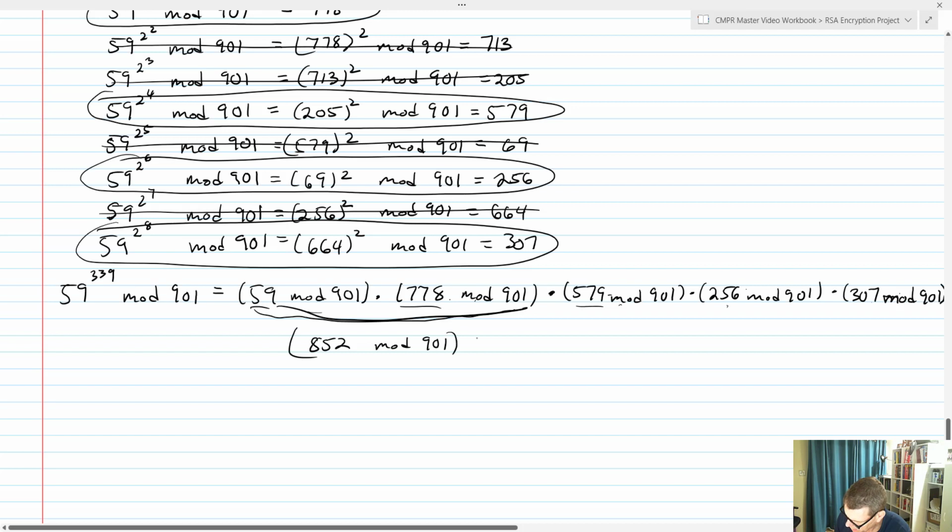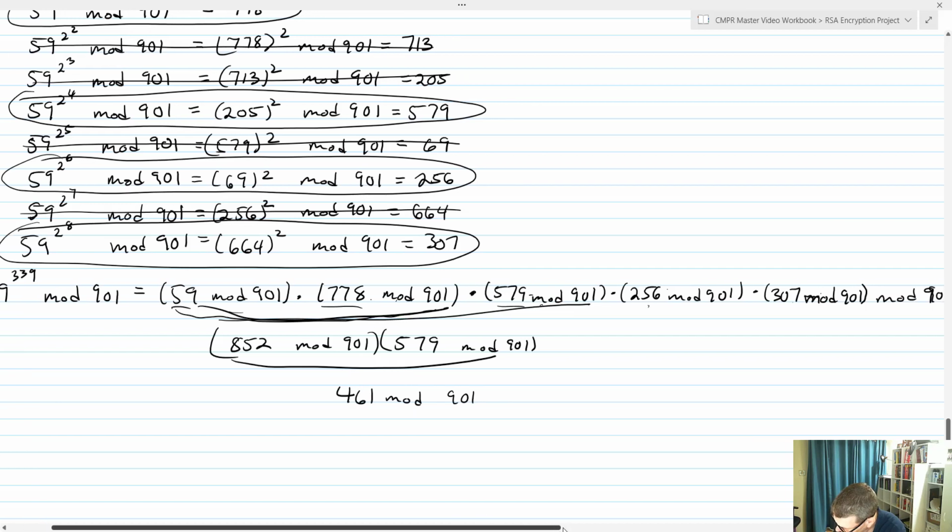Which is great. Then I can just multiply that by 579 mod 901 to give me the multiplication of the three of them. So now what I have is 461. These two multiplied together are going to end up giving me 461 mod 901. And what I've done now is I multiplied together the first three of them, okay?